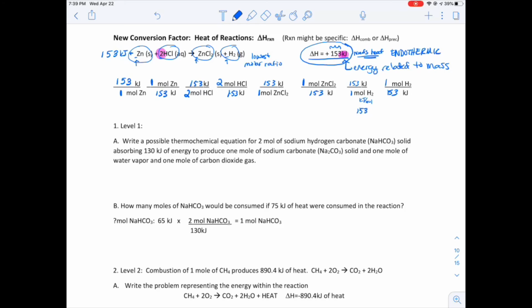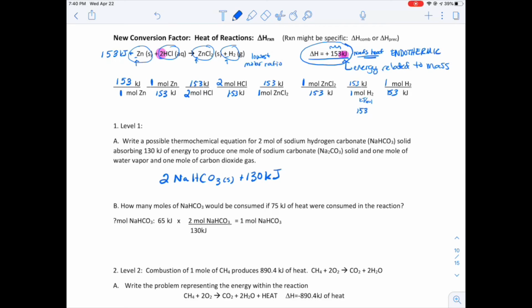Now let's do this first reaction. Write a possible thermochemical equation for 2 moles of sodium hydrogen carbonate. So the example's right there. So 2 NaHCO3 solid. And it says it's absorbing 130 kilojoules. You could put your heat on the left or the right of the reactants.